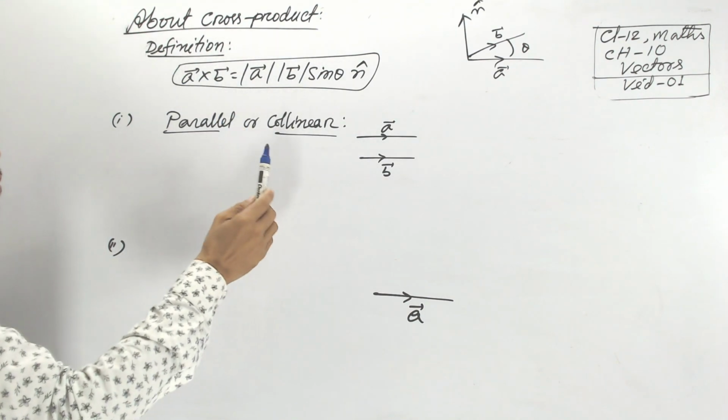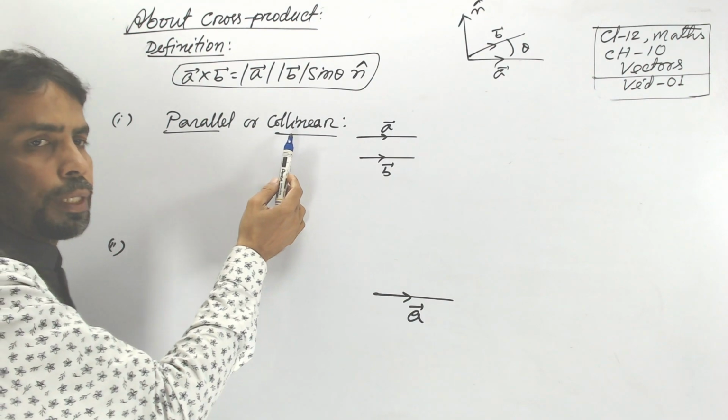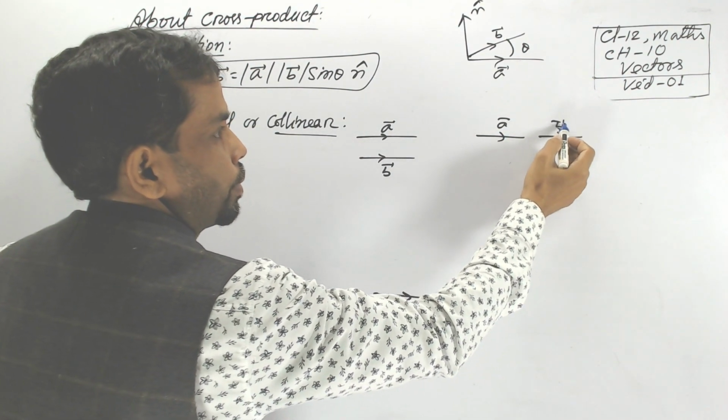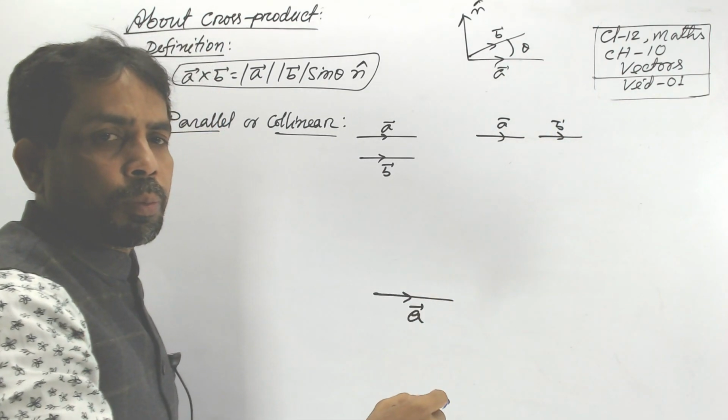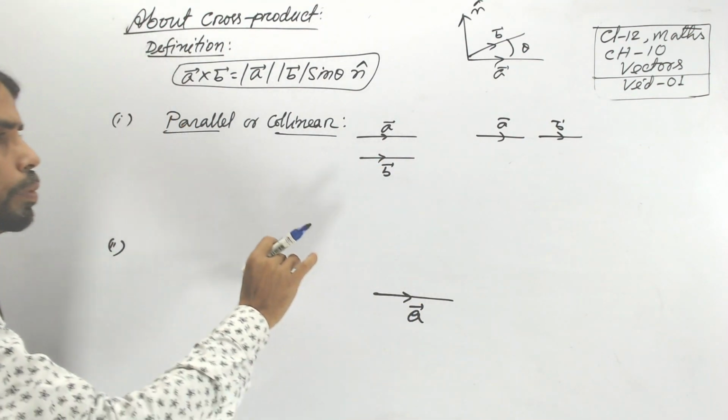Now, if I apply this cross product for two parallel vectors, also called collinear, in the same line, like this, A and B along the same line, maybe in the same direction, maybe in the opposite direction. You need more explanation in detail for physics, but here this much is enough for maths.